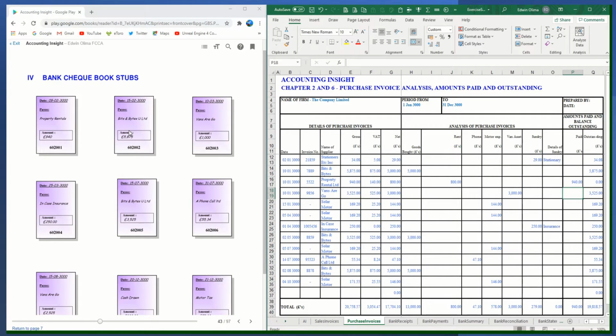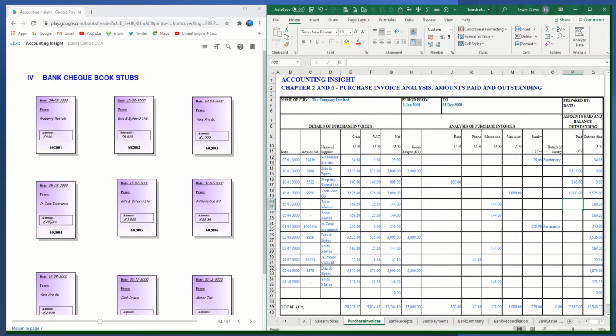Second one was Bits and Bytes, 15th February, so that would probably be the first invoice from them. So that is 5875. The third one is Vanza Go, £1,000. So Vanza Go, yeah. There's a balance left there.